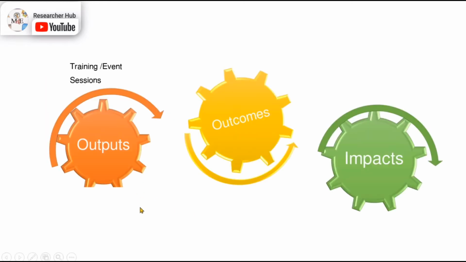So now let's summarize. This is the key output that the project has. It's about the training and event sections. That's what the project would like to know. So this is something that we might need to develop an indicator to track, to make sure that we can track the progress on this one, like we discussed earlier. So the indicator for this one is more about demonstrating the progress.